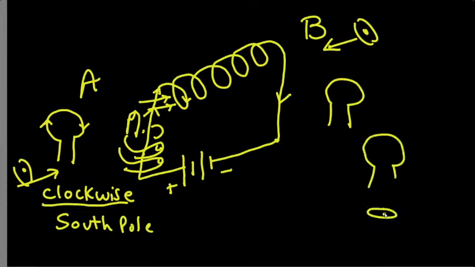I see that the current is climbing up this side and going down this side. Got it? So what do I see? This is anti-clockwise. So if it is anti-clockwise, then it will behave like a north pole.